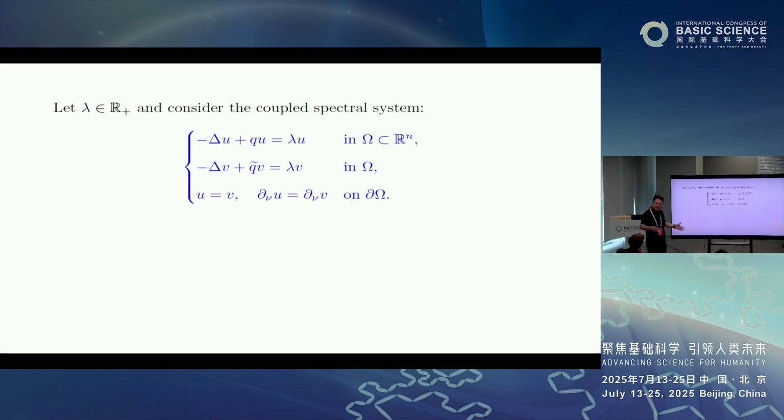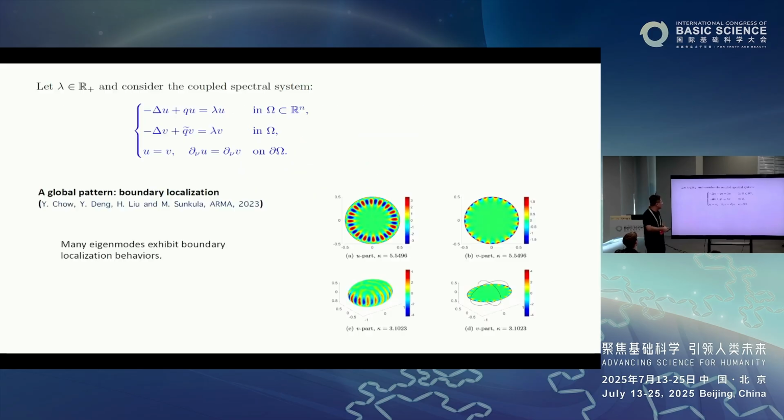Indeed, there exist many. This spectral system possesses the same spectral properties as the Dirichlet Laplacian. For example, there are many real eigenvalues, lambda 1, lambda 2, up to lambda n, going to infinity. And for all those eigenfunctions, if you plot them out, you find that many eigenmodes exhibit boundary localization behavior.